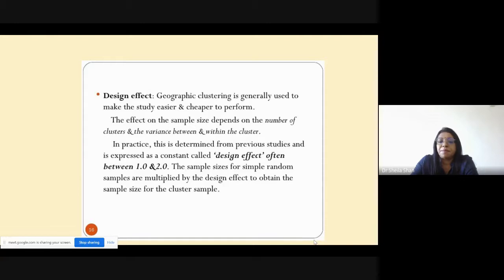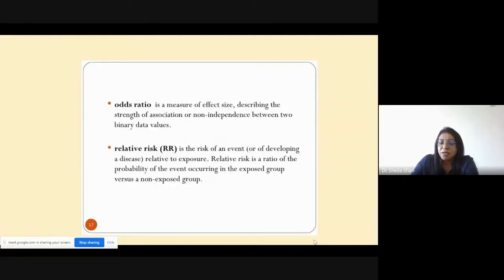The effect on the sample size depends on the number of clusters and the variance within the cluster. The sample size for simple random studies is multiplied by the design effect to obtain the sample size for a cluster study. So these are all just an introduction about the sample size.